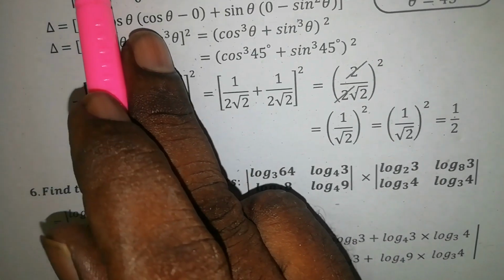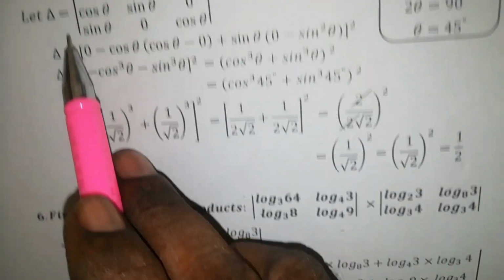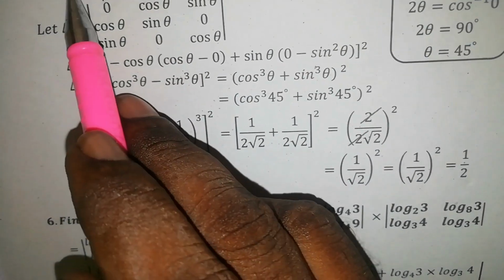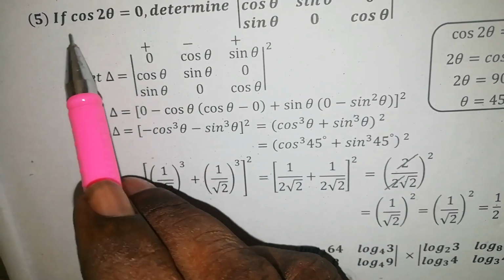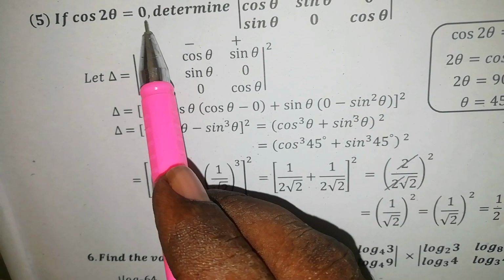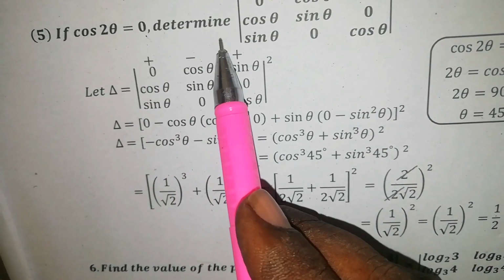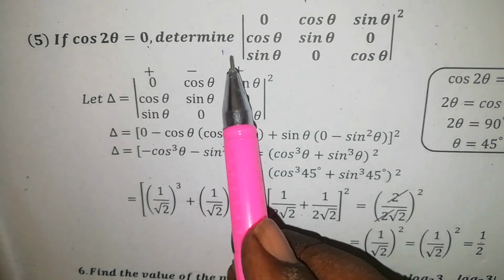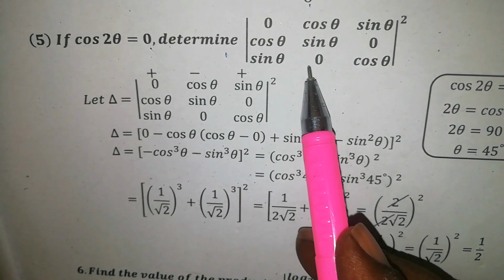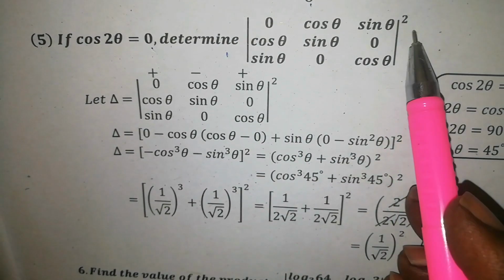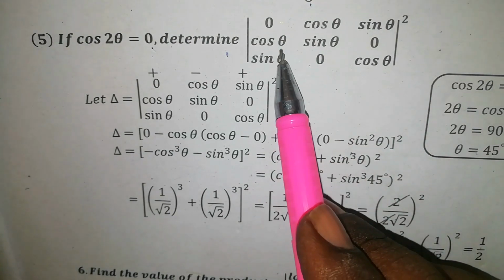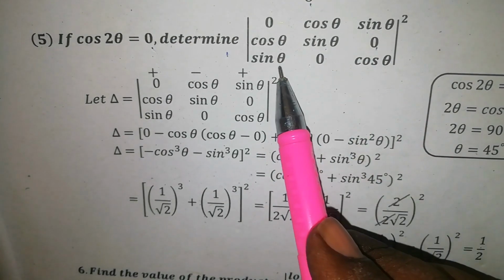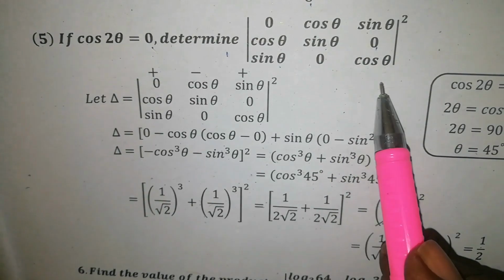If cos 2 theta equal to 0, determine the value of the determinant whole square: the determinant [0, cos theta, sin theta; cos theta, sin theta, 0; sin theta, 0, cos theta].